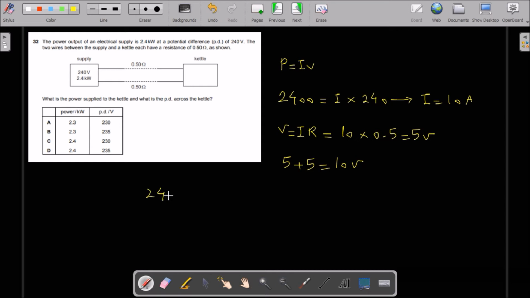Now 240, which is for the electrical supply, minus 10 equals 230 volt, which remains for the kettle. So this is the potential difference of the kettle.